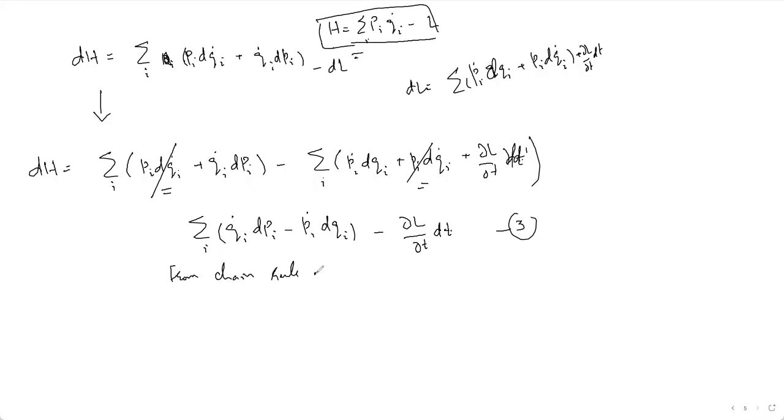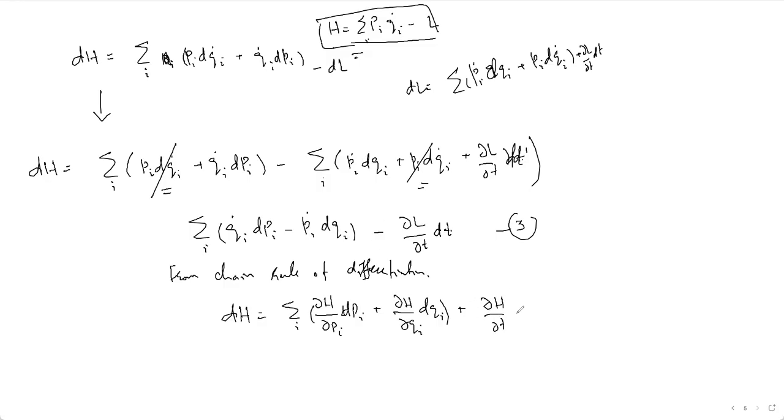From the chain rule of differentiation, dH is the summation over i of partial H by partial p_i into dp_i, plus partial H by partial q_i into dq_i, plus, because H is a function of p_i, q_i and t, partial H by partial t into dt.